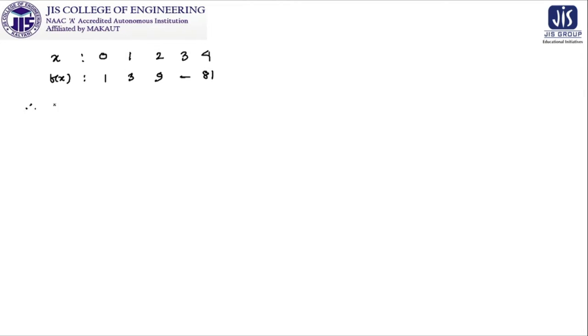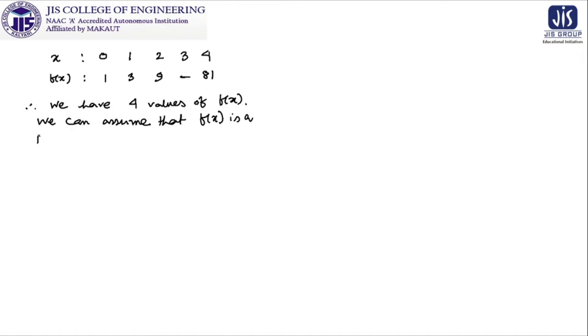Now what we can see is that we have how many values? We have 4 values of fx. Then we can assume that fx is a polynomial of degree, can you predict?